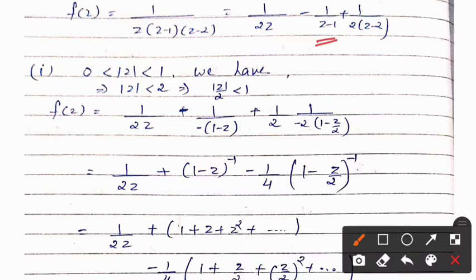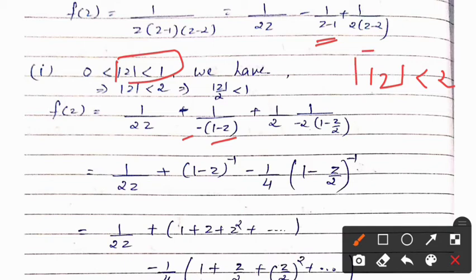So I have to take the minus sign common. Here I have taken the minus sign common, so I get 1 minus z. Now, if mod z is less than 1, then I can say mod z is less than 2. If any number is less than 1, then it is obvious that that particular number will be less than 2. Okay. So mod z will obviously be less than 2.